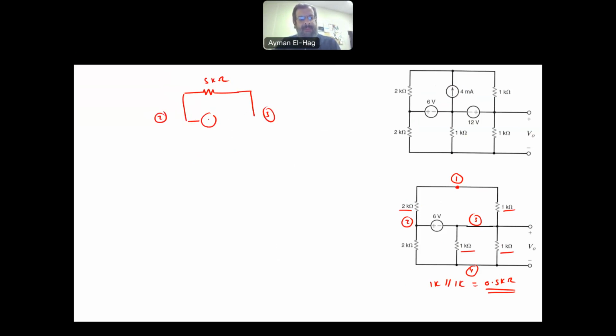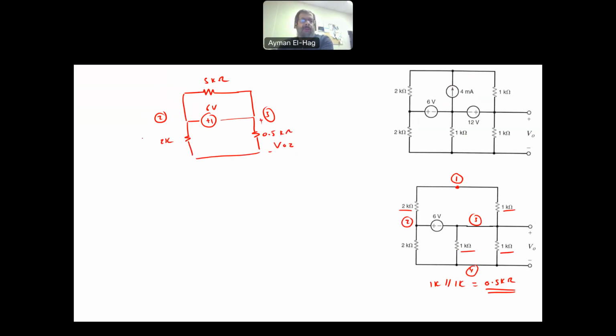We will have the voltage supply here, which is the 6 volt, and we will have the 1 kilo in parallel with the 1 kilo, which is the 0.5 kilo ohm, and your output voltage V02 is across this resistance, and we will have here the 2 kilo ohm resistance.